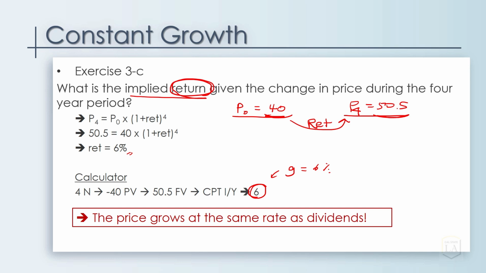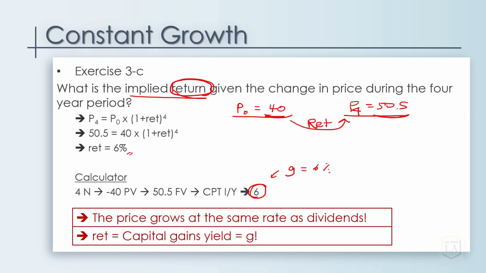If we are applying the constant growth model, the return that you're getting from this stock's price growth is supposedly the same as the dividend growth rate. And the yield that you're getting purely from the stock price increases is called the capital gains yield. So the capital gains yield would be equivalent to the dividend growth rate.